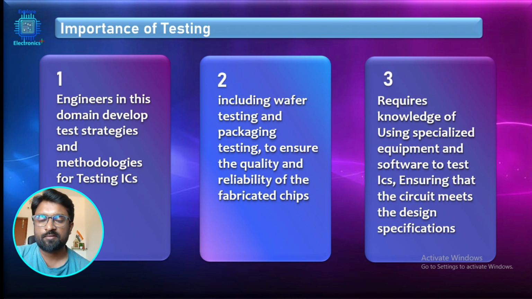So this domain of testing as well as manufacturing requires test domain development, test strategies and methodologies for testing an IC, and knowledge of specialized equipment for the identification of faults in the IC, and meeting the constraints as well as the specifications of the design is much required here.